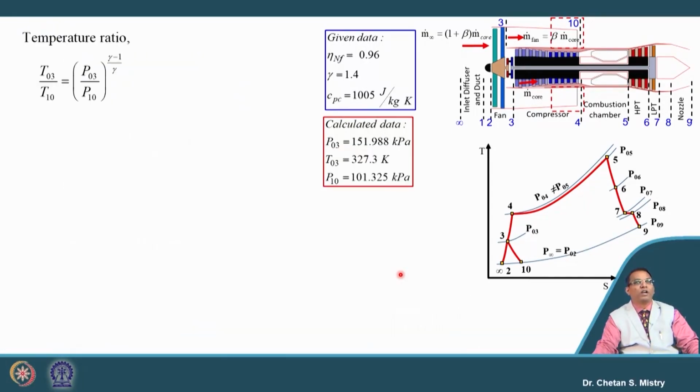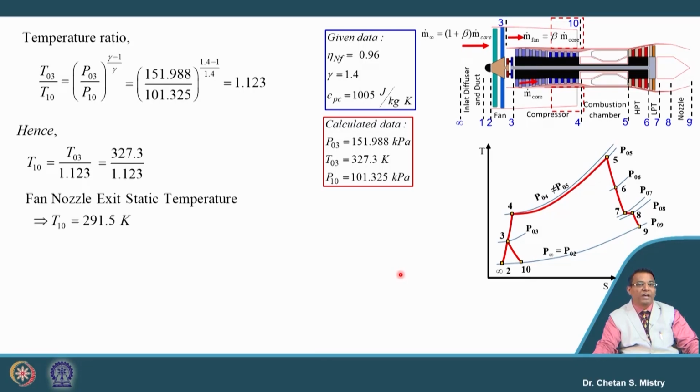Okay. Now, let us move towards the calculation for the static temperature at the exit from the fan nozzle. We write that in terms of the temperature ratio, and if we calculate the fan exit static temperature, it comes to 291.5 Kelvin.